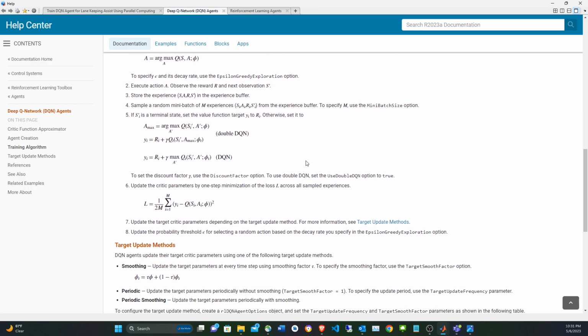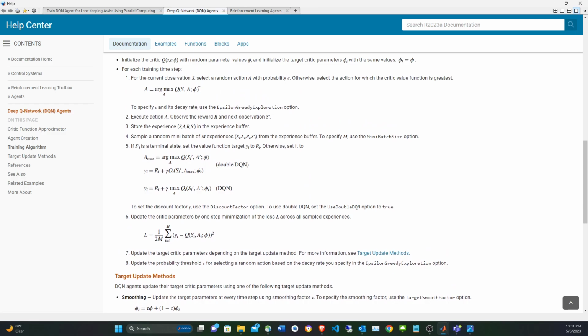In order to update the parameters of the network, this is a neural network that, based on the observations, is going to predict the expected long-term reward for a particular action and a particular state. The state is basically the observation. Given the state and the action, you're going to get the expected long-term reward.